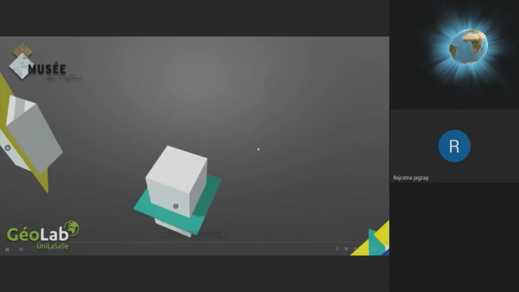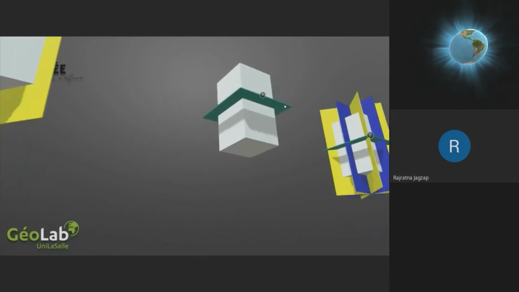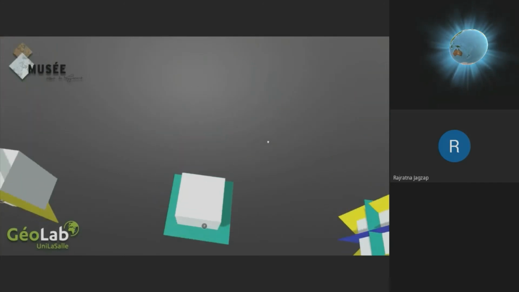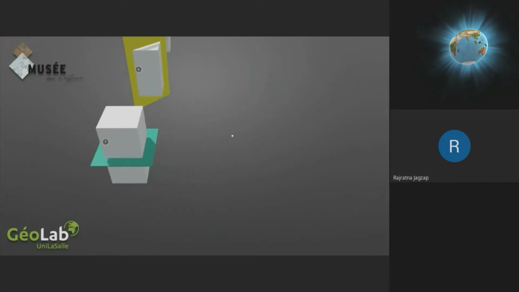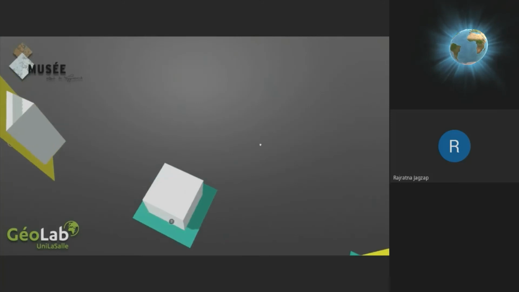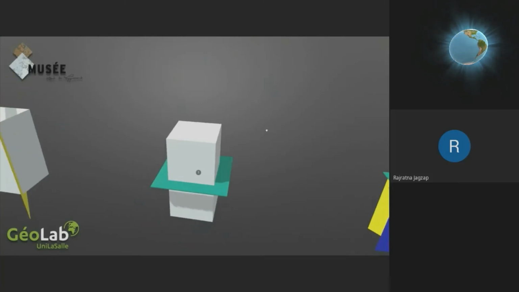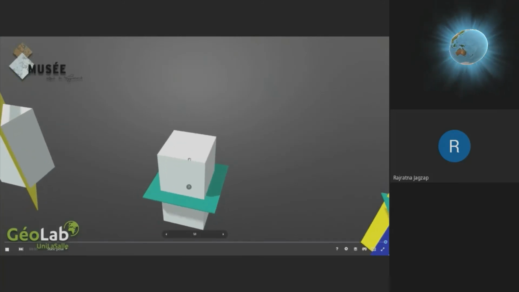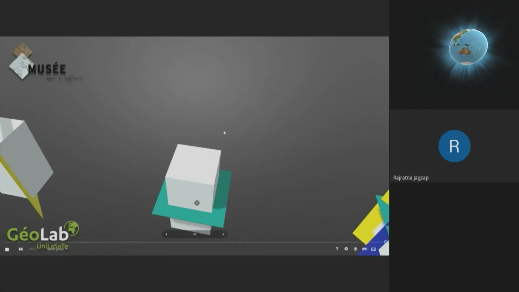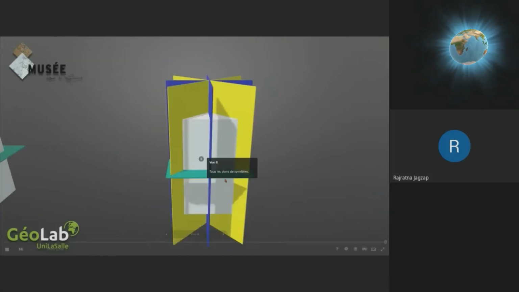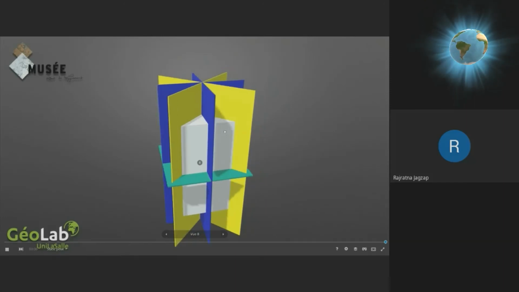What is this model showing? This is showing the horizontal plane of symmetry, which is axial. One more axial will be like this, front to back, right to left. And diagonals will be like this. What is this model showing? All planes of symmetry.